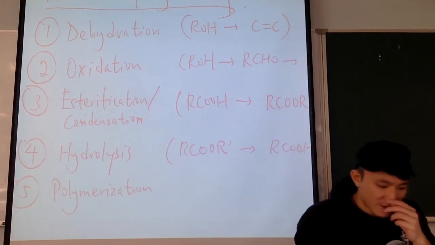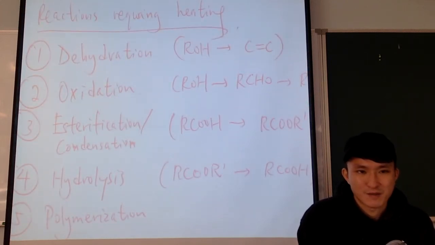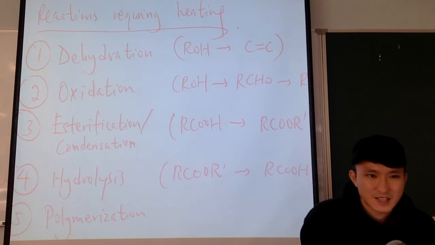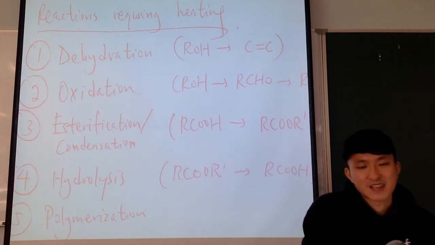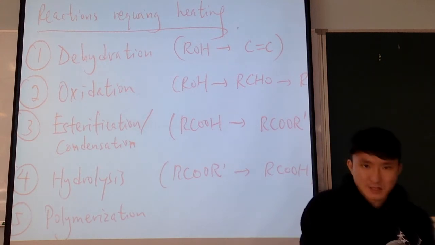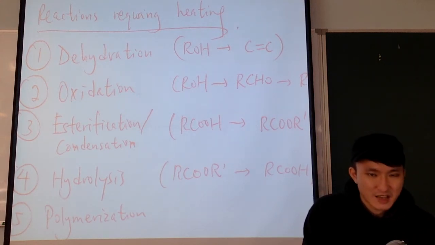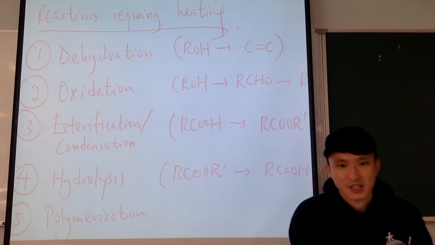So those are the reactions that require heating, that may solve your problem of whether you should heat it or not. Now you may ask, what if I put down heating in some reaction that does not require heating? Is it considered right or wrong? It depends. It depends whether the heating will affect that particular compound and whether that heating will lead to a side reaction.